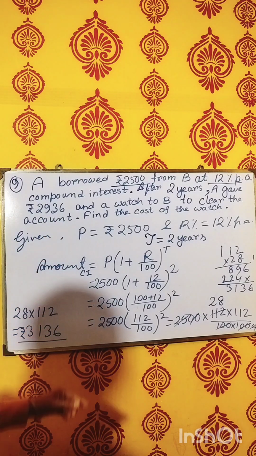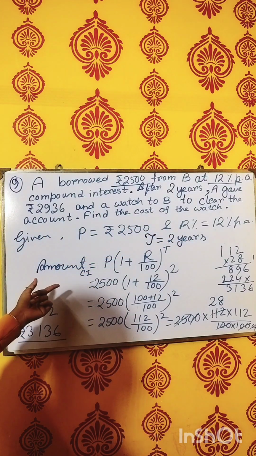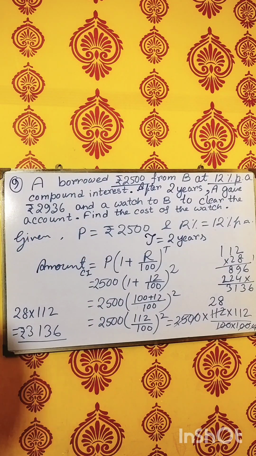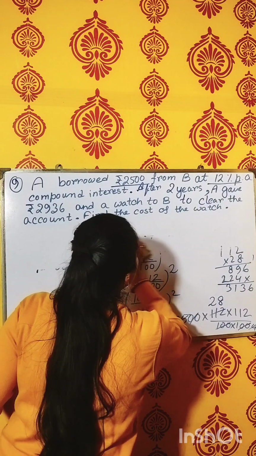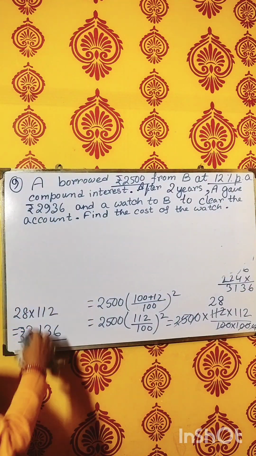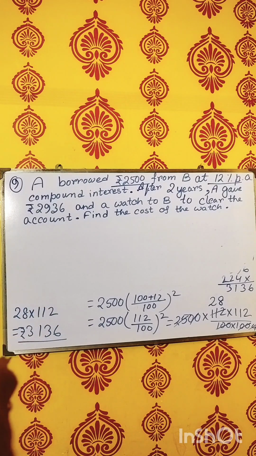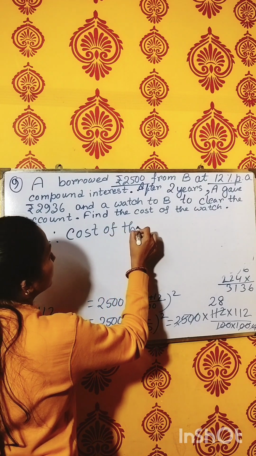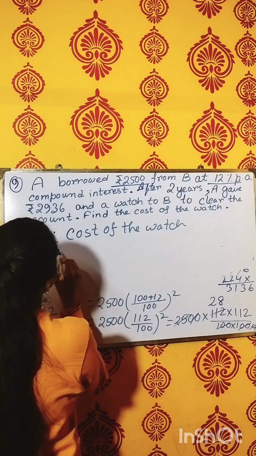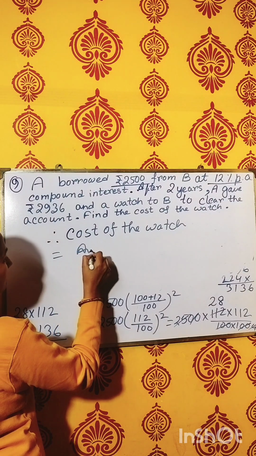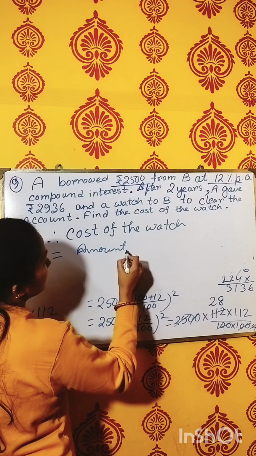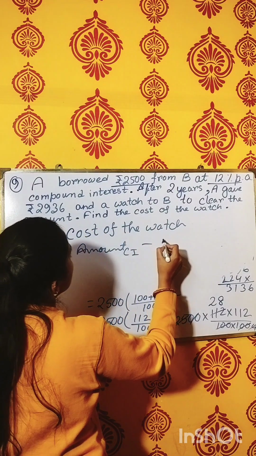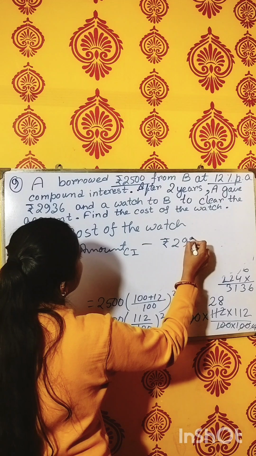Since A gave to B rupees this much and a watch to B, therefore the cost of the watch will be, as we get the amount received in 2 years is rupees 3136, the cost of the watch is equal to amount in CI minus rupees this much, 2936.